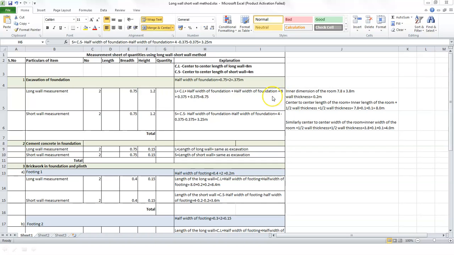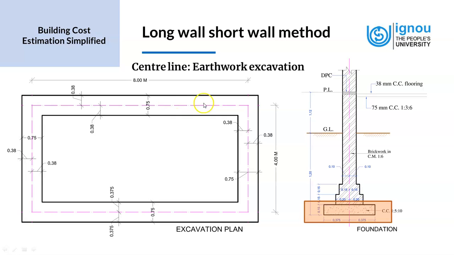So let's go back to the drawing and see how we get the long wall measurement for excavation of foundation. So here the central line, the long wall, is 8 meters, right? And there is this small width that we have to consider, which we already found, which is actually this width that we see here.